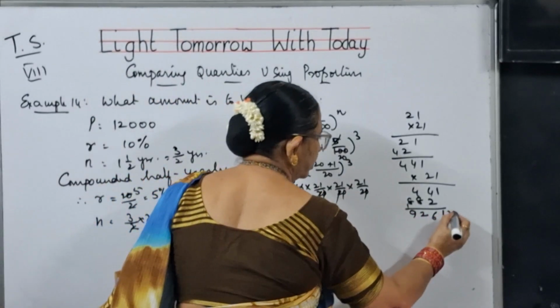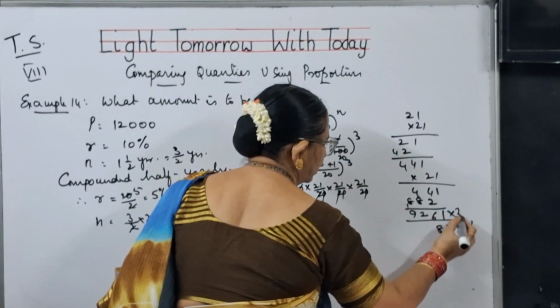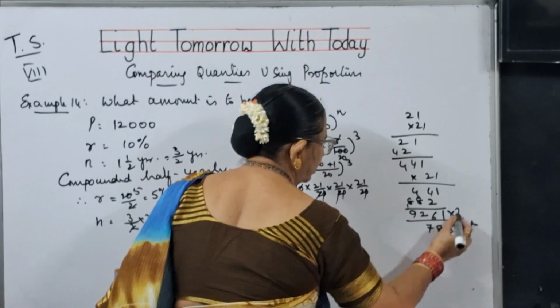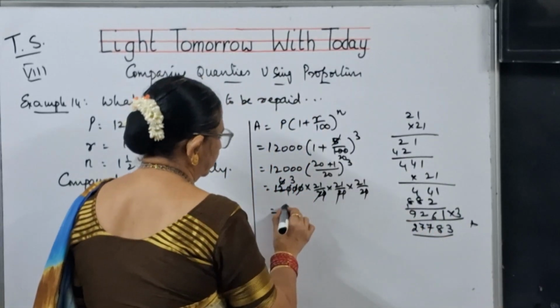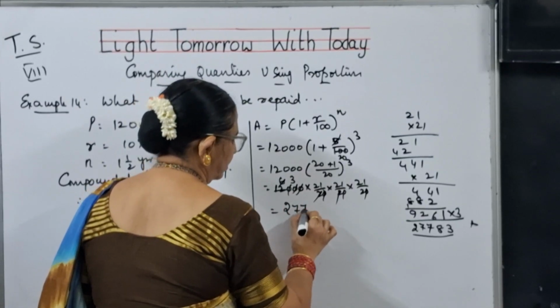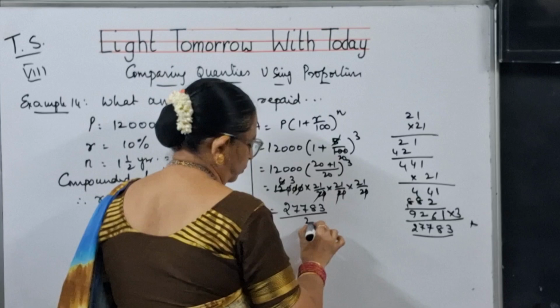This I should multiply by 3. So how much am I getting? 3 ones are 3, 3 sixes are 18, 3 twos are 6 plus 1 is 7, 3 nines are 27. So I am getting 27783 divided by 2.